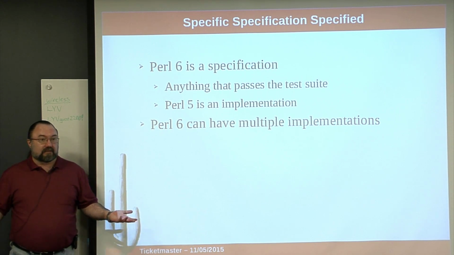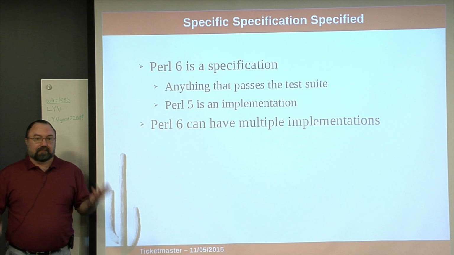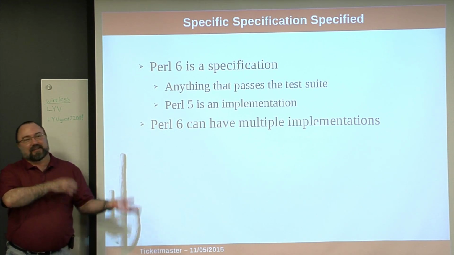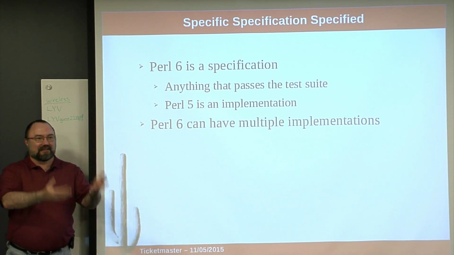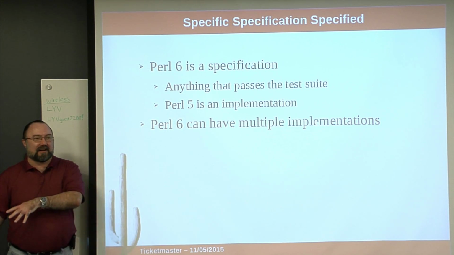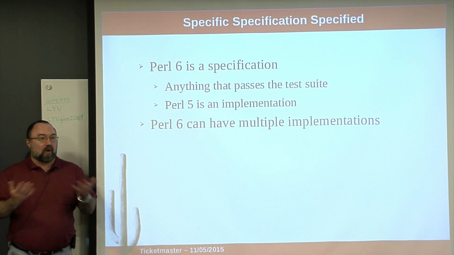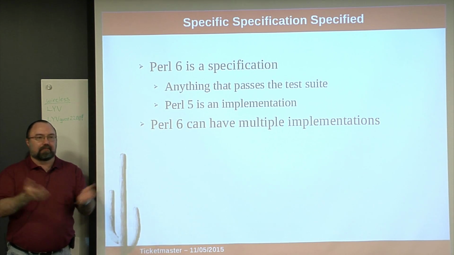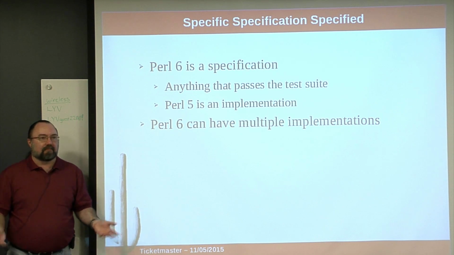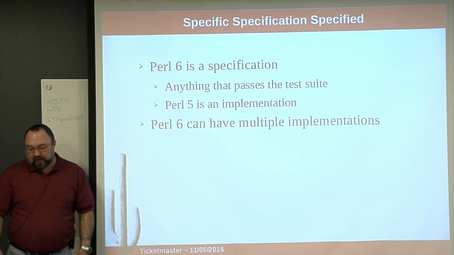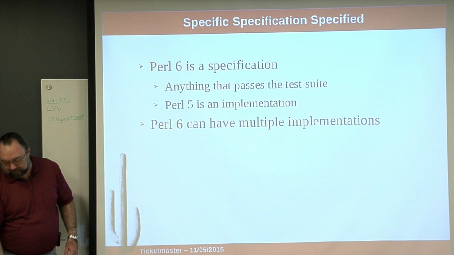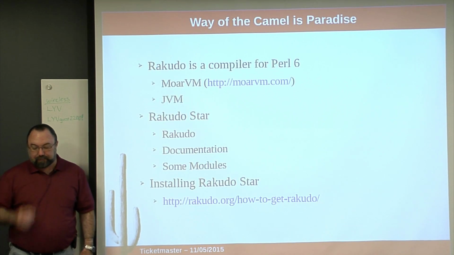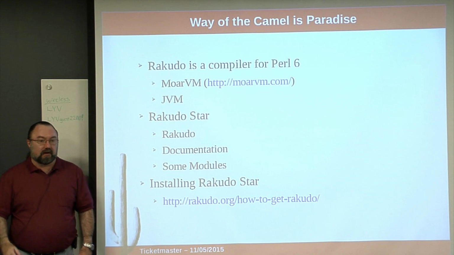Perl 5 is an implementation. The specification came in the form of documentation of what already existed. You know, the implementation came first, then the documentation. So that's why you basically only have, I mean, sure, you've got Strawberry Perl and other things like that, but basically under the hood, they're all the same. You know, they're all Perl 5. So like I said, Perl 6 can have multiple implementations. And in fact, it already does.